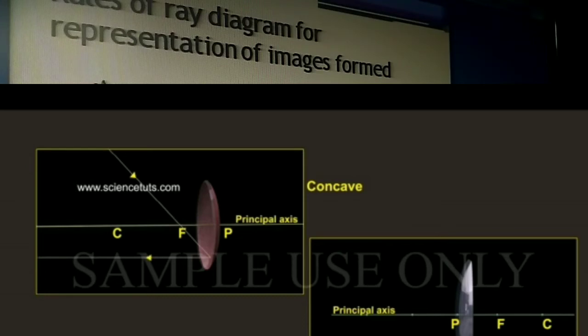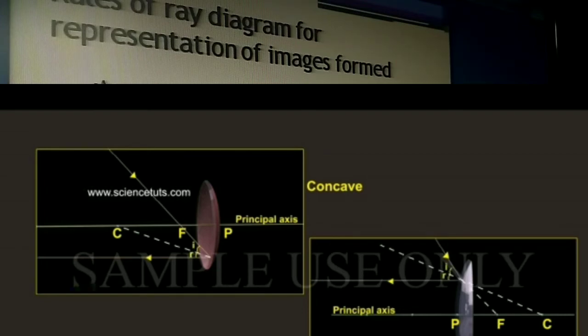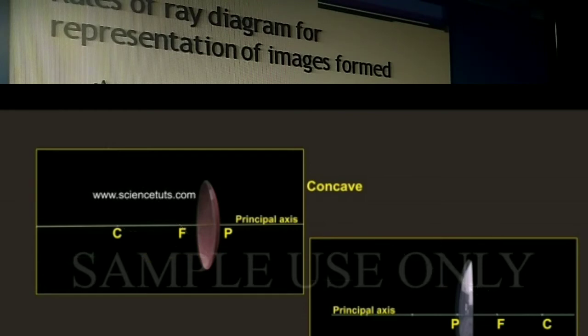This is vice versa: rays parallel to the principal axis pass through the focal point, and rays coming from the source and passing through the principal focus reflect back parallel to the principal axis. Then a ray passing through the center of curvature of a mirror will always retrace its path, so you can take it as a normal.